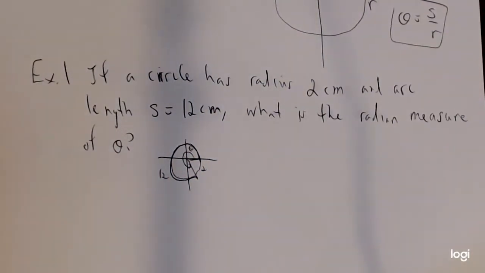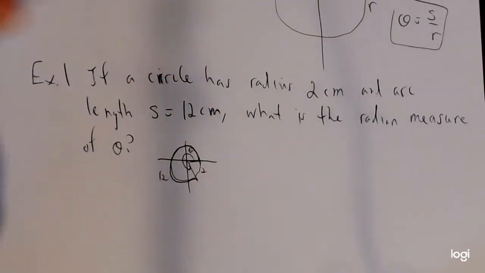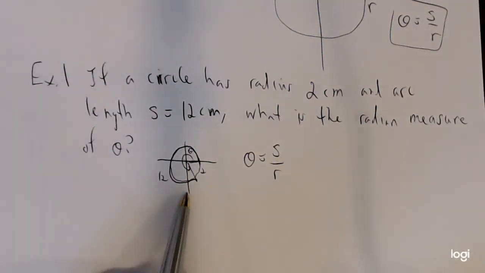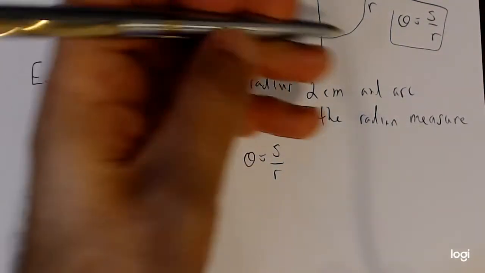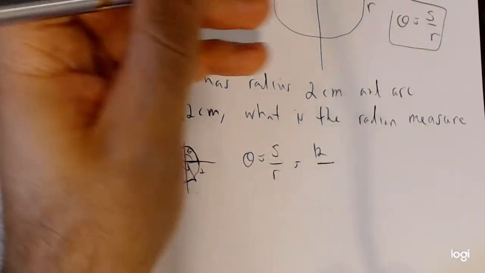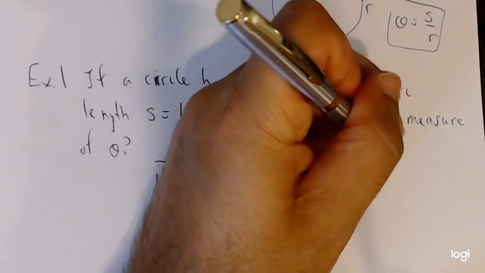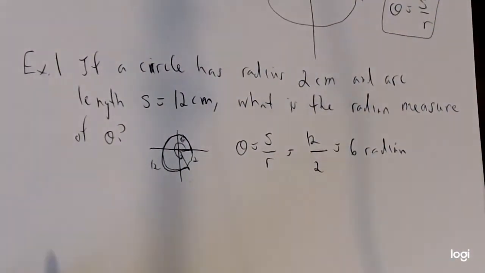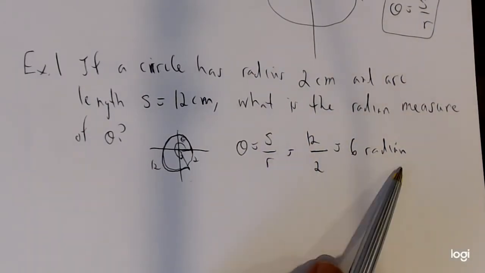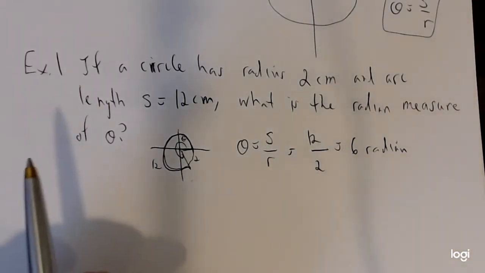To find the radian measure theta, we know by definition theta is equal to S over R. It's not like you needed that picture, I just wanted to show it to you. So this becomes 12 over 2, which is 6 radians. Whenever you're writing an angle in radian measure, make sure to write the word radian, just as with 6 degrees we would put the degrees there. We're trying to be specific.